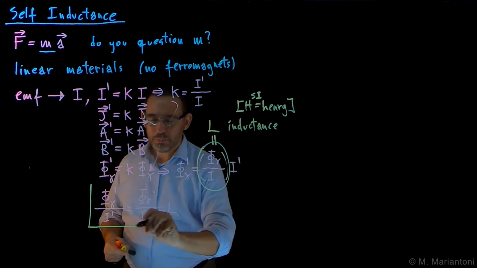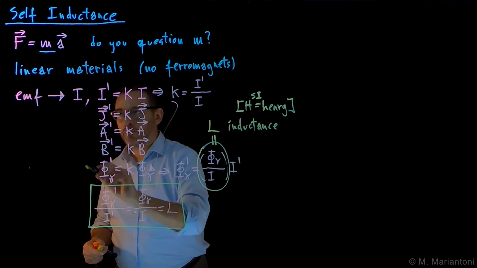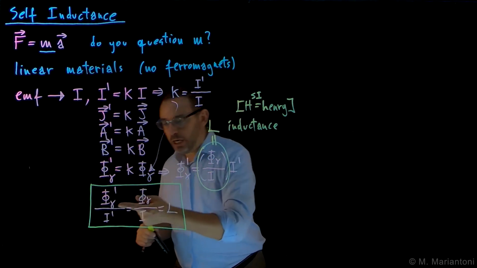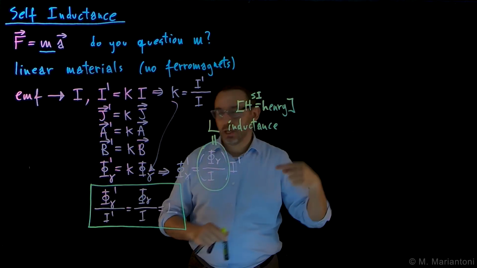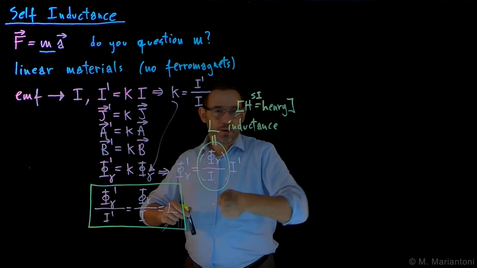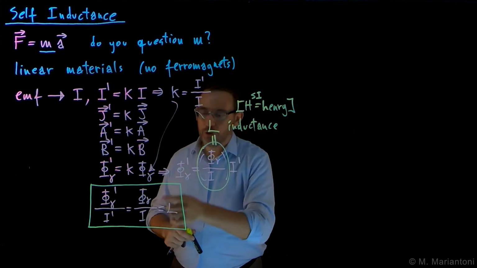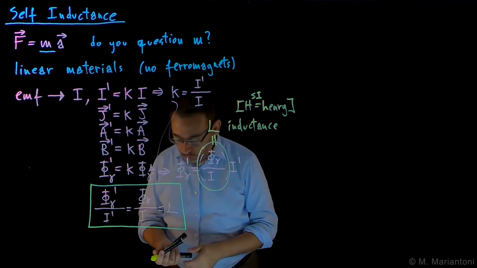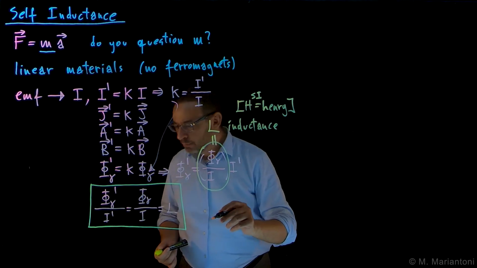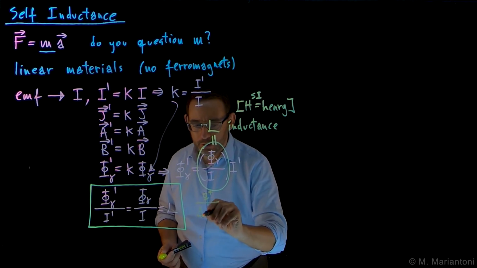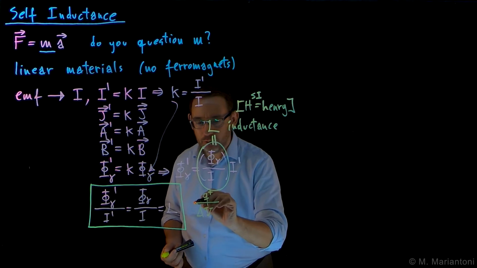Everything follows from linearity, but experimental evidence also clearly shows that if I crank up my current, the ratio between the flux associated with the magnetic field due to the current, phi gamma prime, and that current I prime is the same as if I reduce the current on the same conductor. I get a different flux, but the ratio is a constant, which is the self-inductance of this conductor. This is very similar to what we found previously in the case of the capacitance, which was the positive charge divided by the potential difference between the positive and negative plates of two conductors.